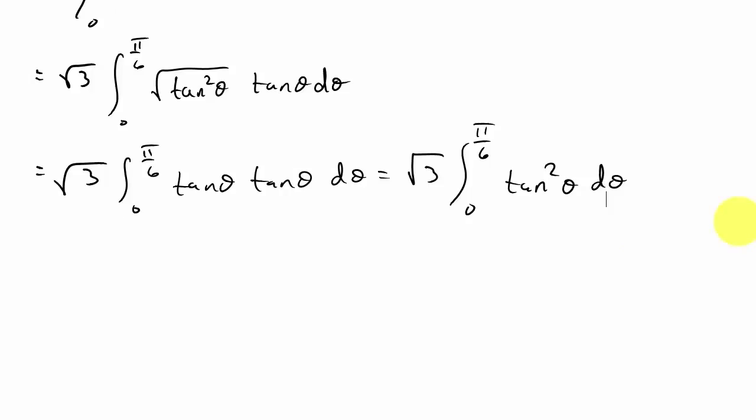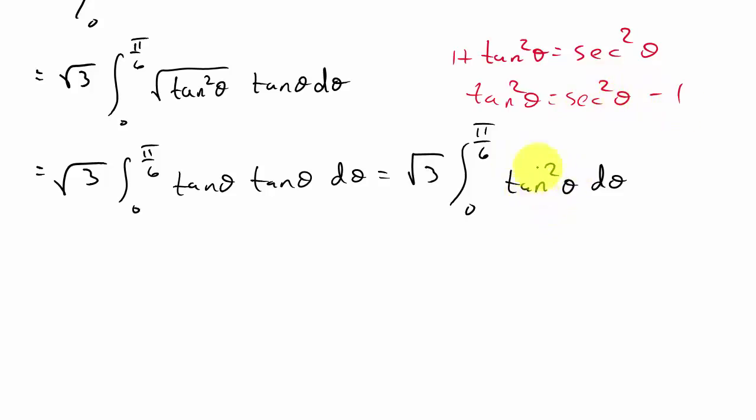Well, we don't have a special formula for tangent squared theta, but let's see. If we take tangent squared, okay, and remember the identity I had up here, 1 plus tangent squared theta equals secant squared theta. So tangent squared theta equals secant squared theta minus 1. Well, if I convert this to secant squared theta minus 1, I know the antiderivative of secant squared, that's tangent. And then I also know the antiderivative of 1, that would just be theta. So let's convert this into secant squared theta minus 1.